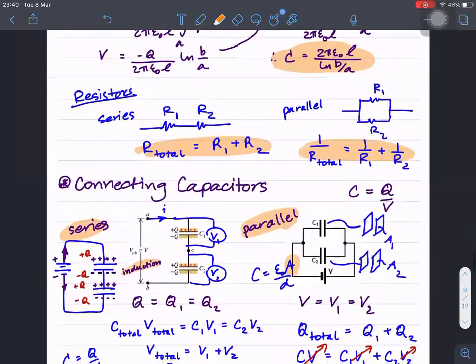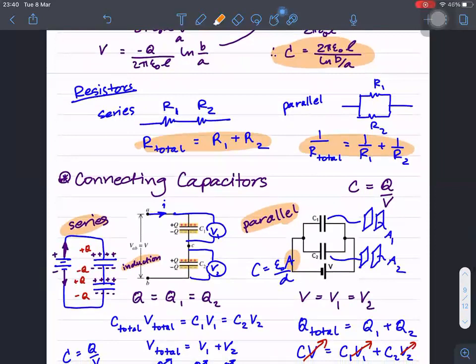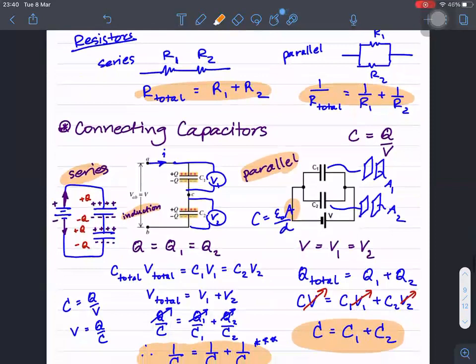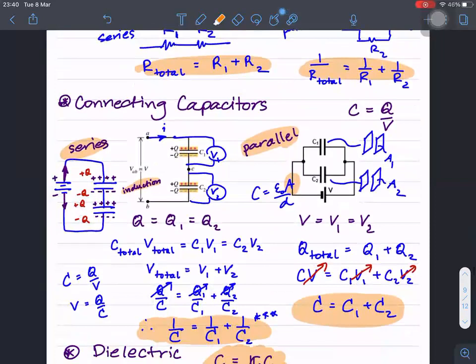Okay, and then when we connect capacitors and resistors in series and in parallel, the way you can remember this easily is that it's going to be the opposite of what you did with the resistors.